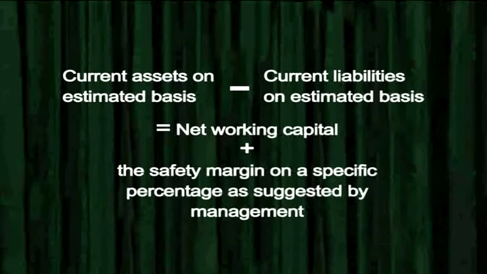Then we have to add the safety margin on a specific percentage as suggested by the management, and then we will get the total working capital. Now step by step we have to find out each segment, that is estimated current assets we have to find out using the suitable formulas as have been drafted. So let us see how it goes on.